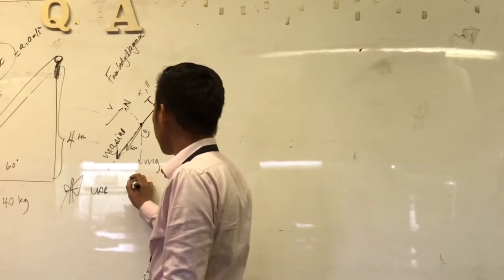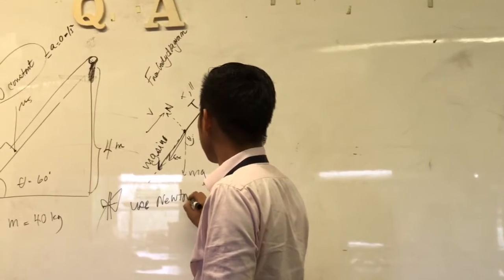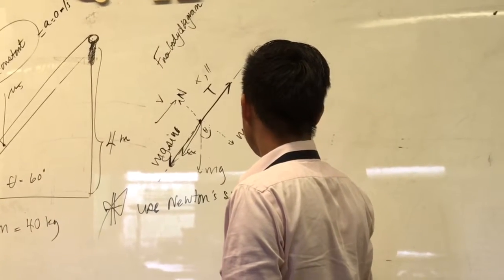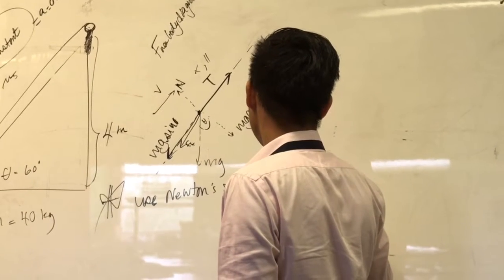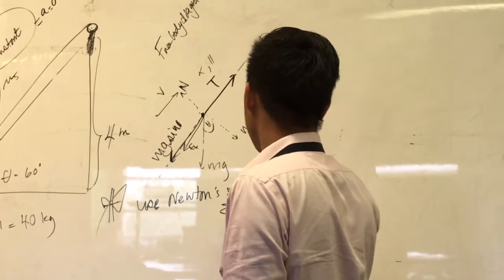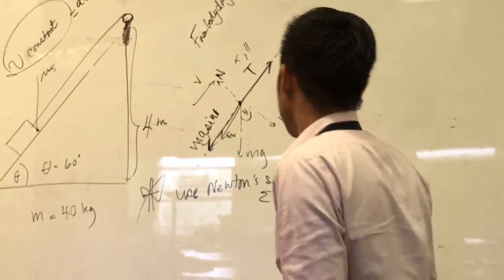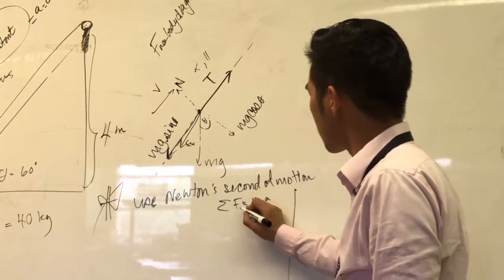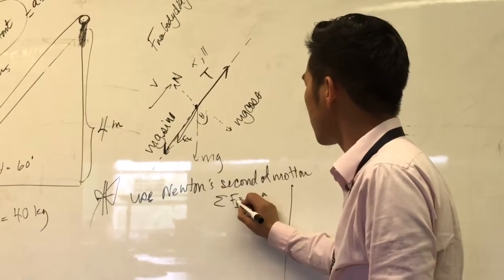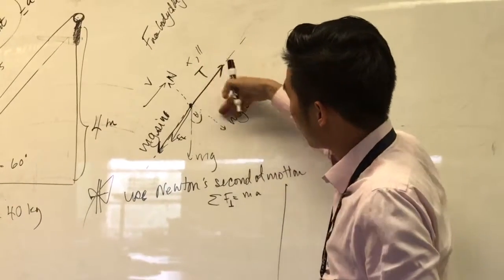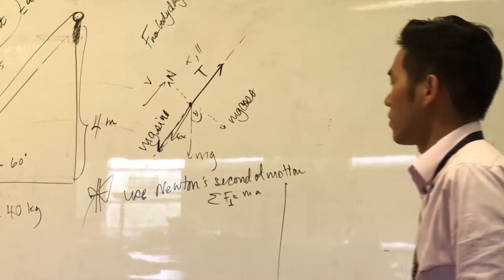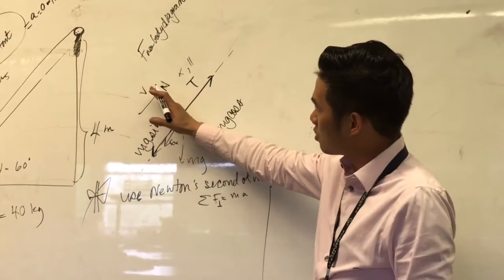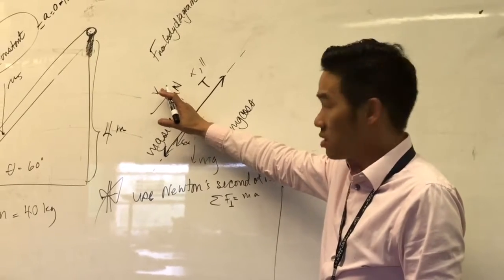Now we use Newton's second law of motion. Can you tell me the formula? F equals ma. Sigma F equals ma. I'm going to do the direction perpendicular to the plane first.